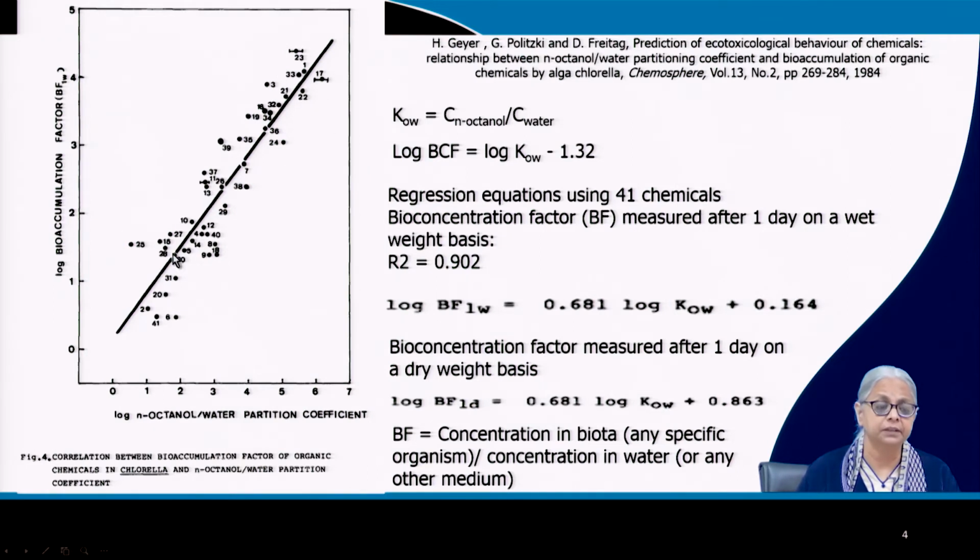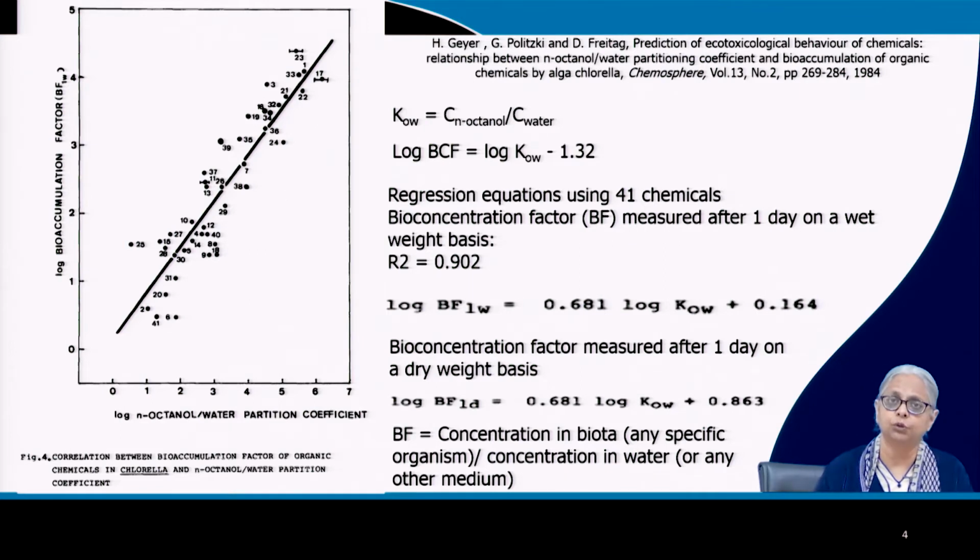And this is a clear and simple correlation. So we have KOW, which is a chemical factor. It has nothing to do with biology. And then we have the bioconcentration or the bioaccumulation factor, which is clearly correlated to the chemical factor. So this is the best evidence we have. And there are several papers, and this is one of the earlier papers.